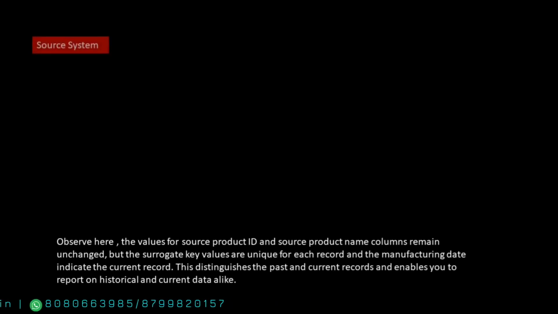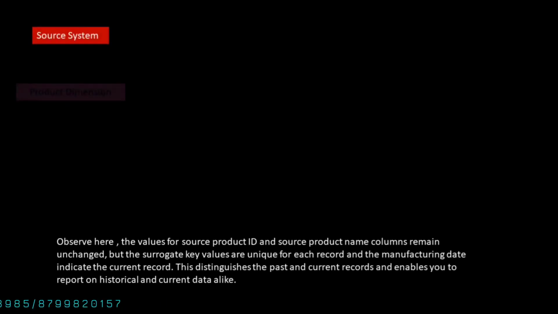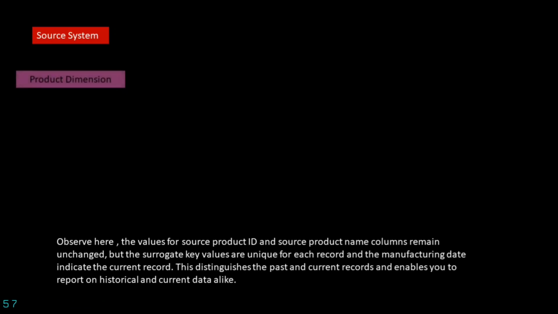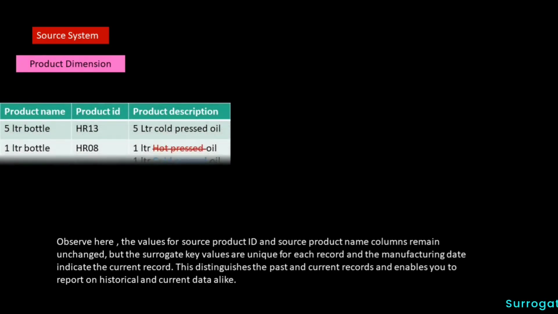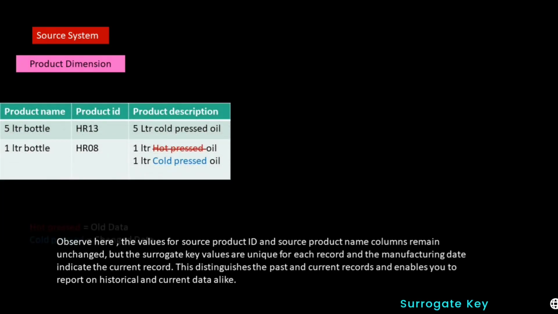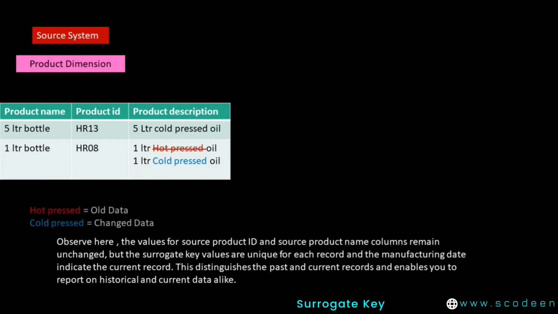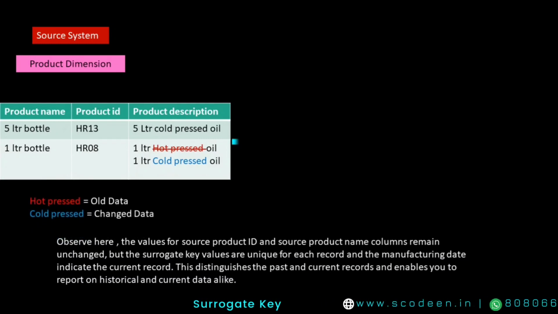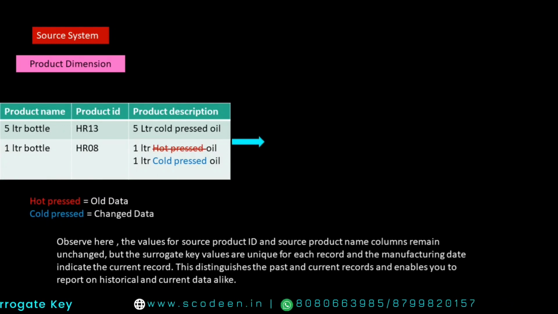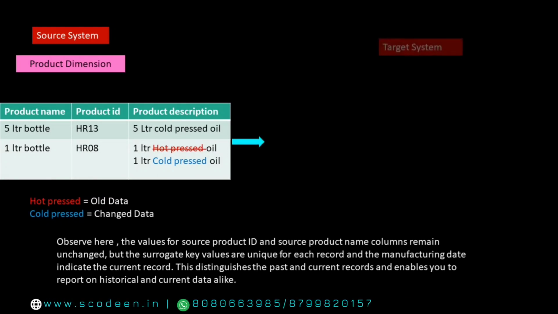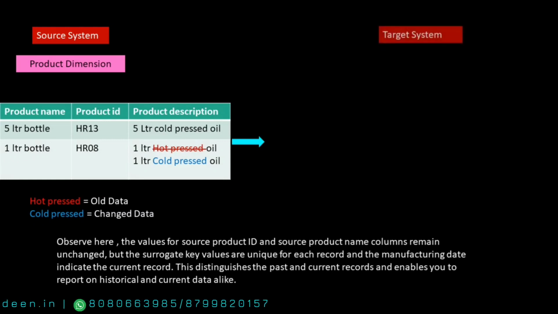Observe here in the source system the product dimension table. It consists of product name, product ID and product description. Assume the product description you observe here is 1 liter hot pressed oil, and this data will be updated as 1 liter cold pressed oil.